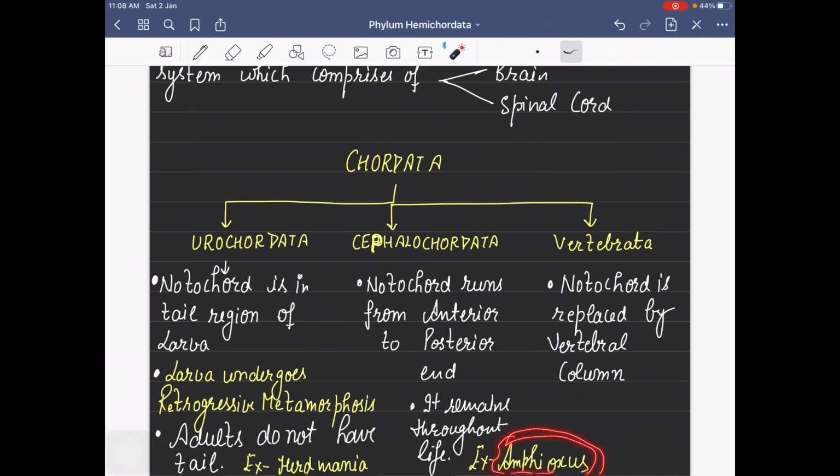Amphioxus. Now the last subphylum is Vertebrata. Notochord here is, from the name it is very clear, vertebral column. Notochord is replaced by the vertebral column, right? So the three subphylums which Chordata has been divided into are Urochordata, Cephalochordata and Vertebrata.